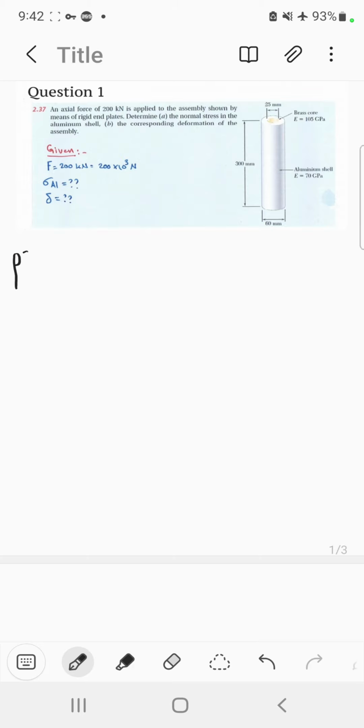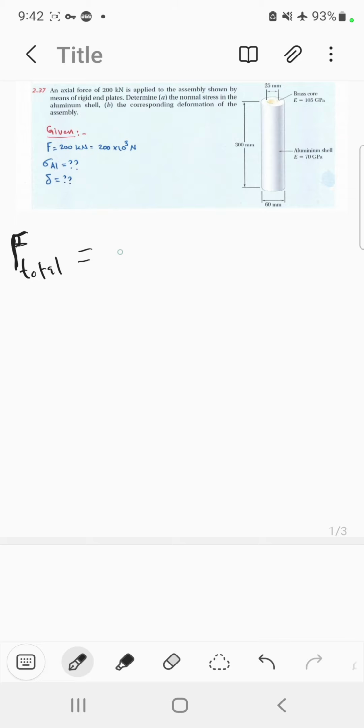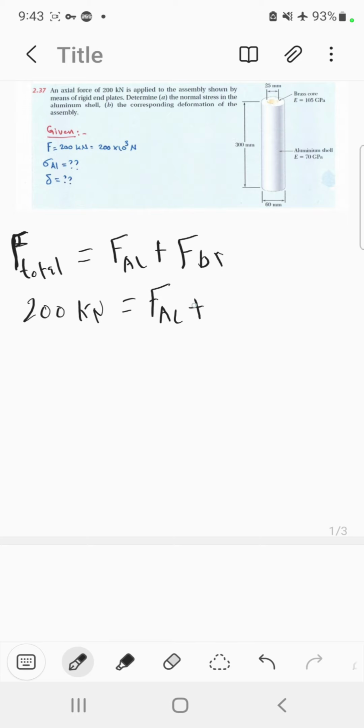F, total force, equals the force of aluminum plus the force of brass. He already gave us the F total, which is 200 kilonewton, and we don't know the force for the aluminum, and we don't know it for the brass.